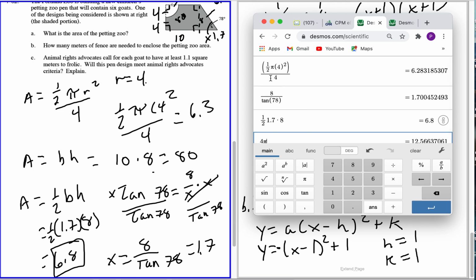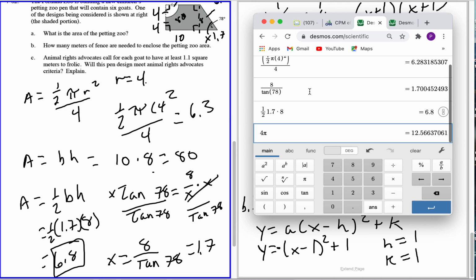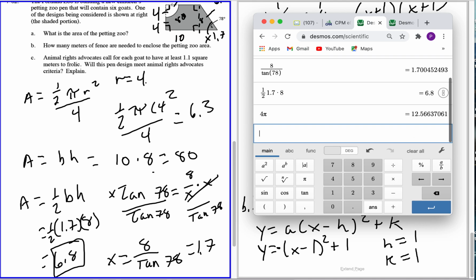I see one half pi r squared divided by 4. Okay.